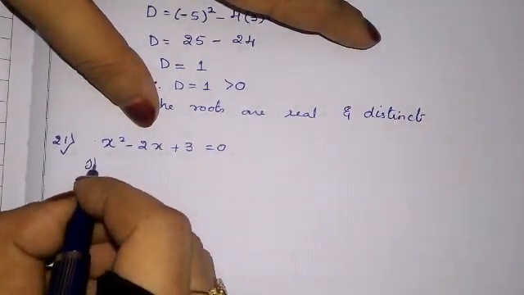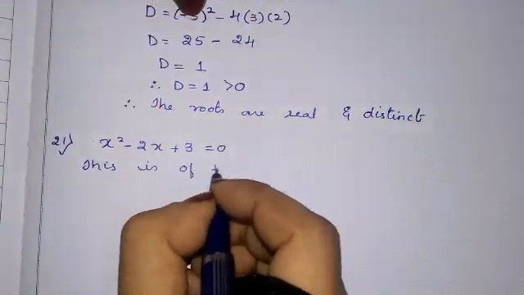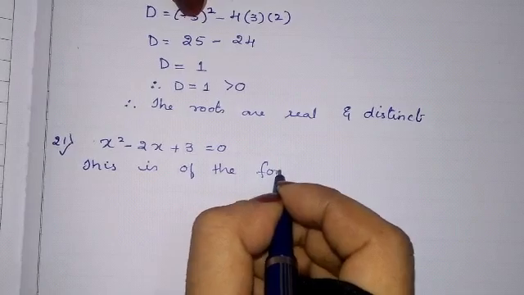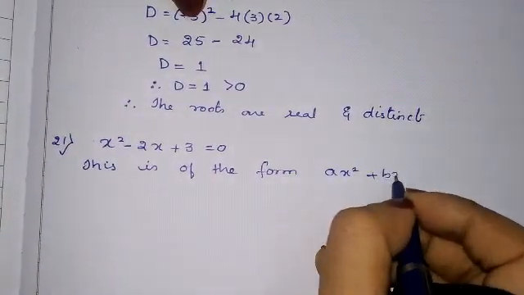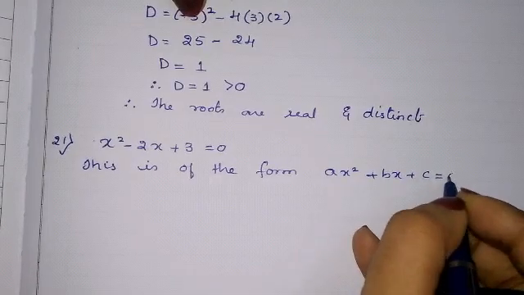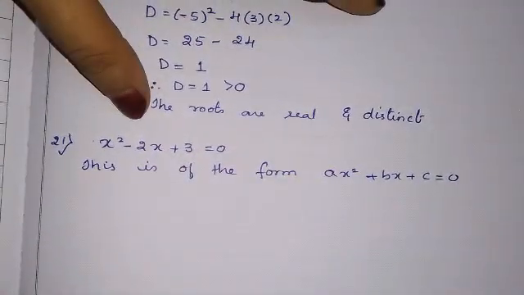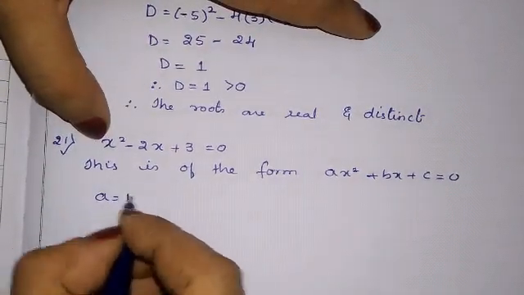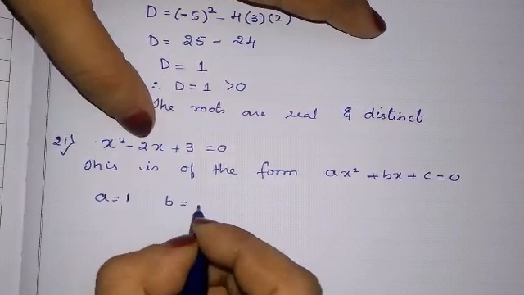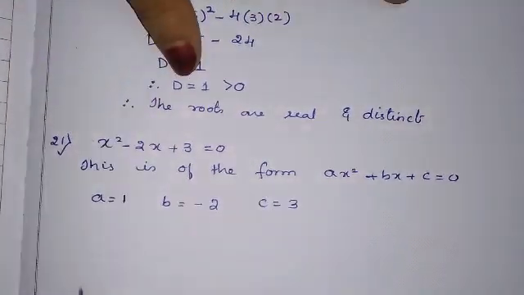Here also you should write, this is of the form ax square plus bx plus c equal to 0. Now comparing these two, a value is 1, b value is minus 2 and the c value is 3.